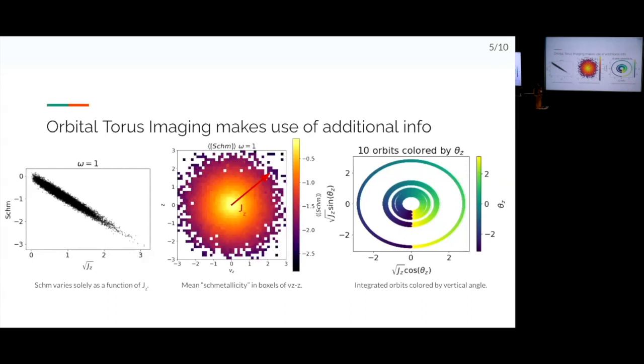And that's important because orbital torus imaging will exploit the information that's in those abundance gradients. So on the right, I've plotted 10 orbits in action angle space colored by vertical phase. And what I think is really cool about this method in particular is that you can look directly at the orbits, because the stars that share the same metallicity distribution will correspond to the same action and therefore lie along the same orbit.